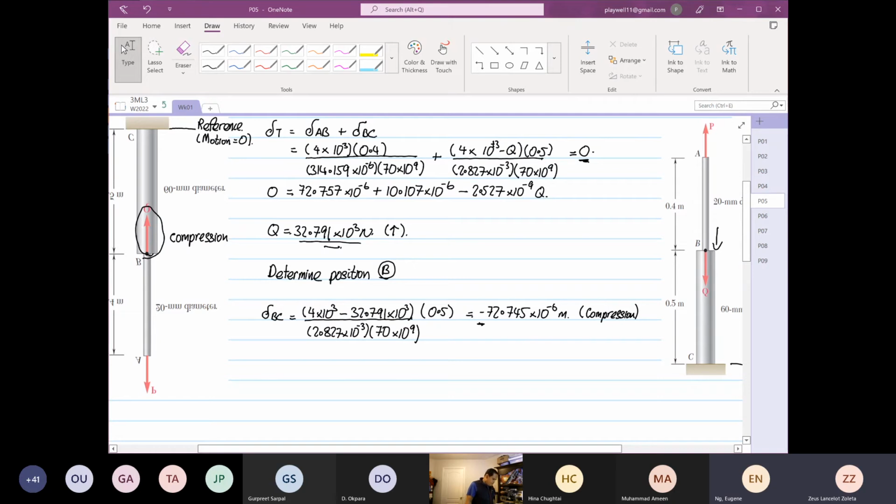Then we're going to do another example. The next example I'm going to do is a combination of static and elastic deformation. I repeat again, it's a combination of static and elastic deformation, and also beam analysis.